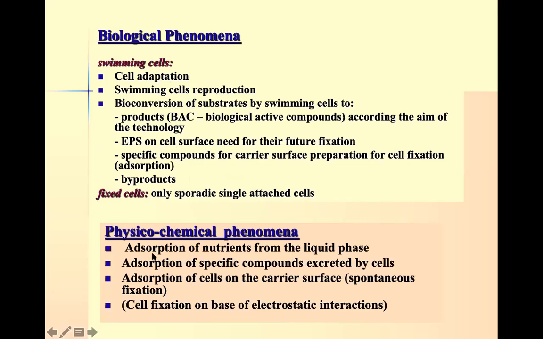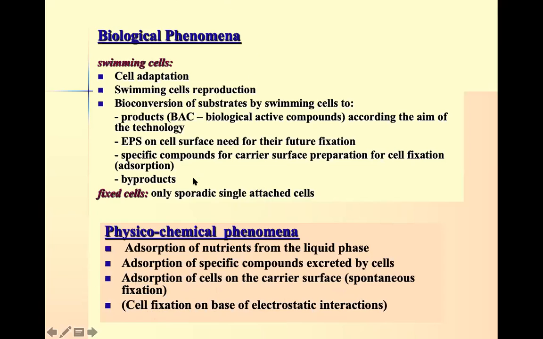That means the liquid phase must contain nutrient, otherwise how can they multiply and grow. Adsorption of specific compounds excreted by the cells, adsorption of cells on the carrier surface. That means spontaneous cell fixation on the basis of electrostatic interactions.